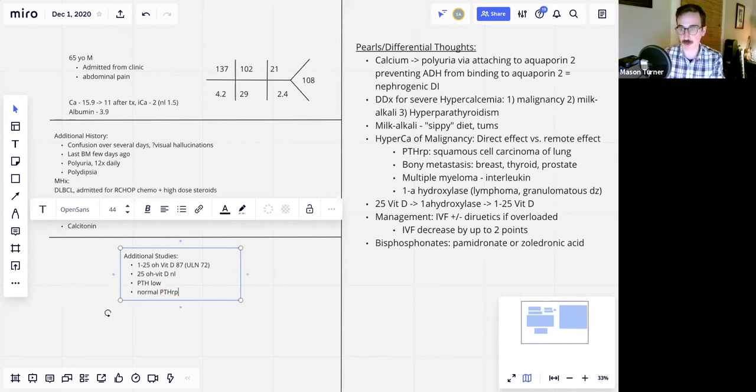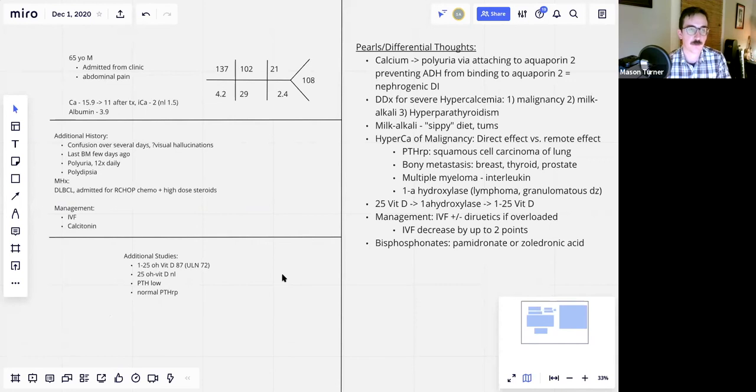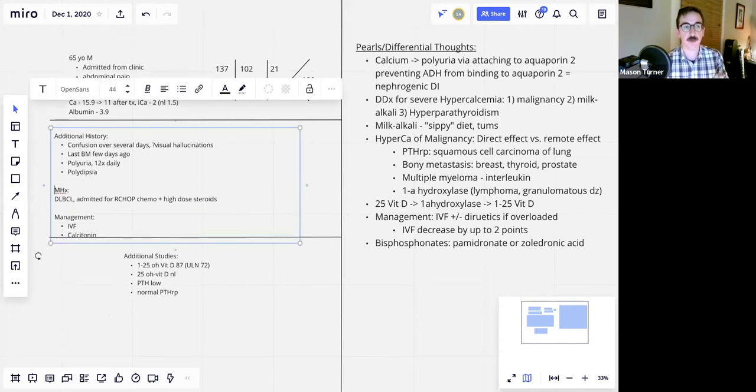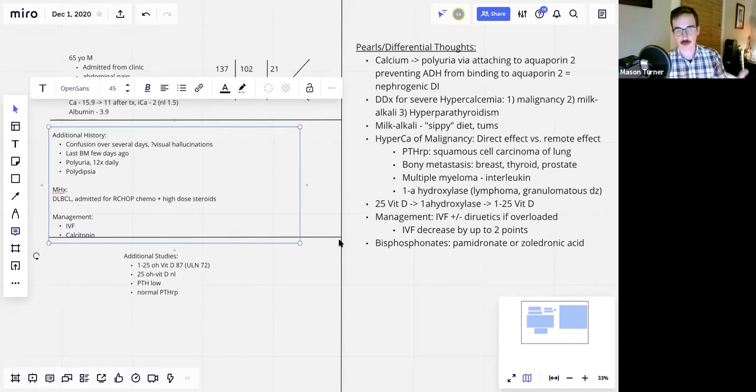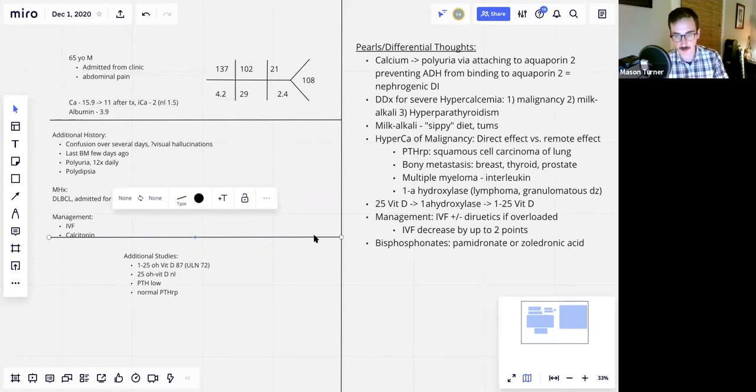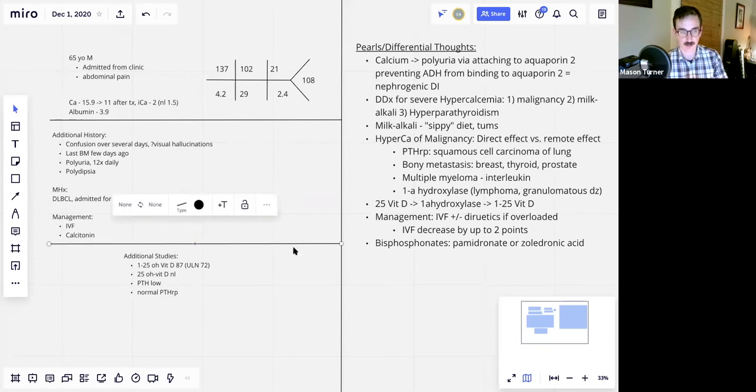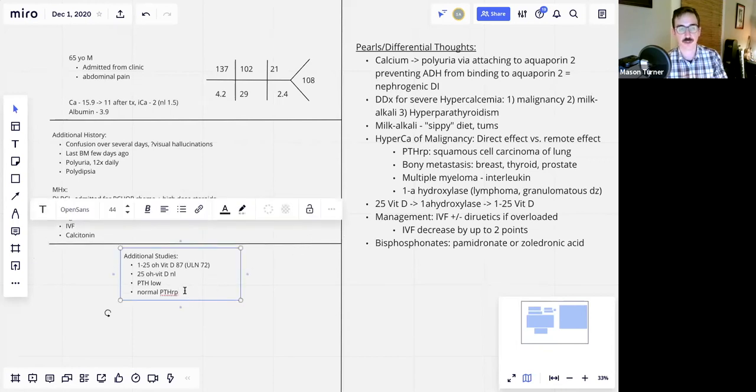And because we knew this was related to his lymphoma, and we knew this was from the increased 1-alpha hydroxylase and 1,25 OH vitamin D activity, we gave him high-dose steroids again, with the idea that really the only way you treat this is inhibiting the 1-alpha hydroxylase activity, and really the big thing is treating the malignancy and lymphoma.